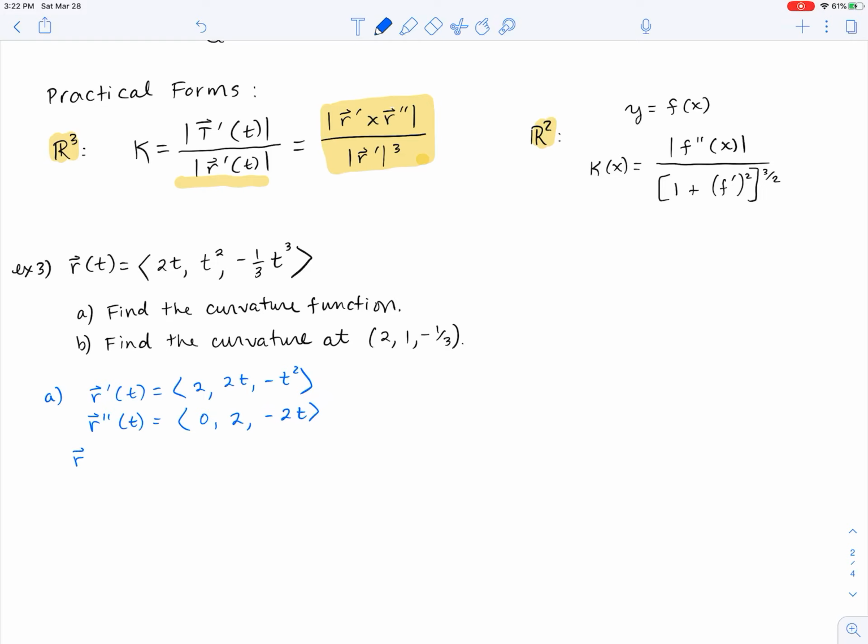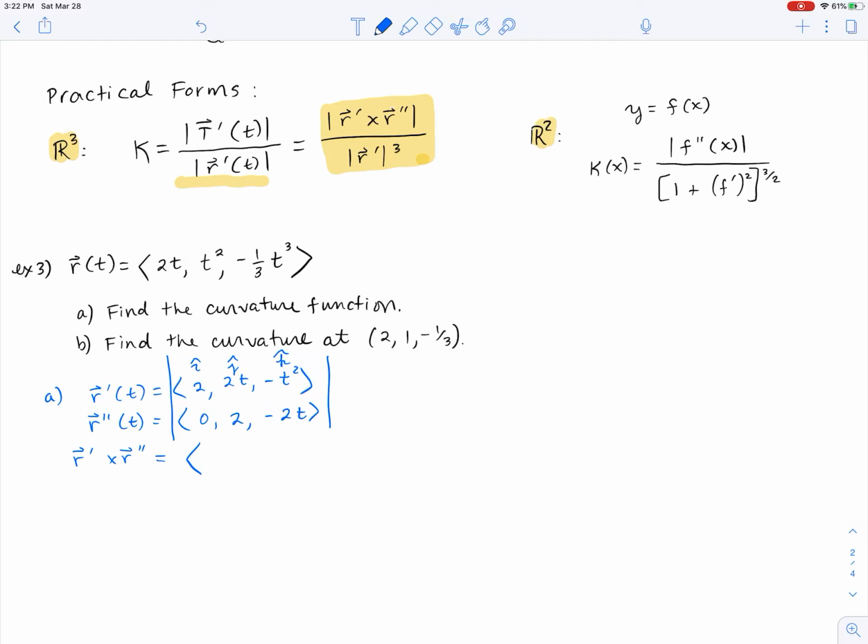And then we're going to want the cross product. So let's put in i, j, and k, and I'll do the cross product right here since I already lined up my derivatives.